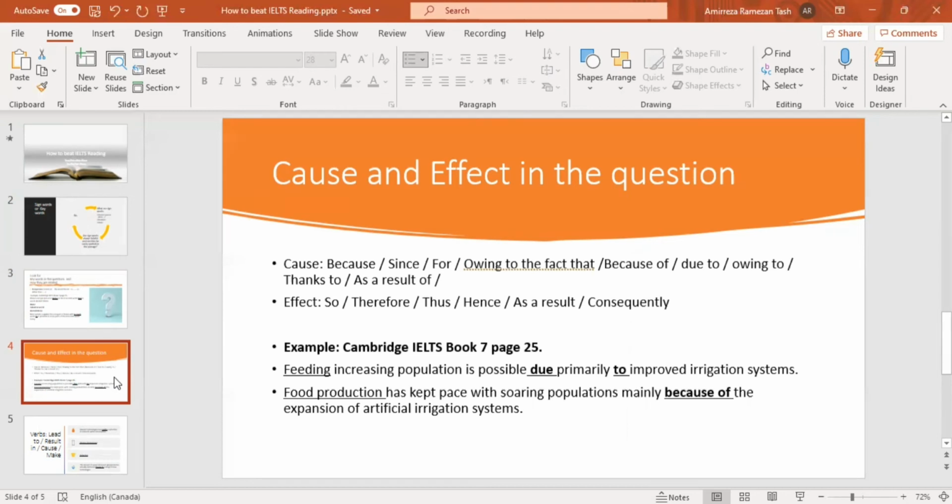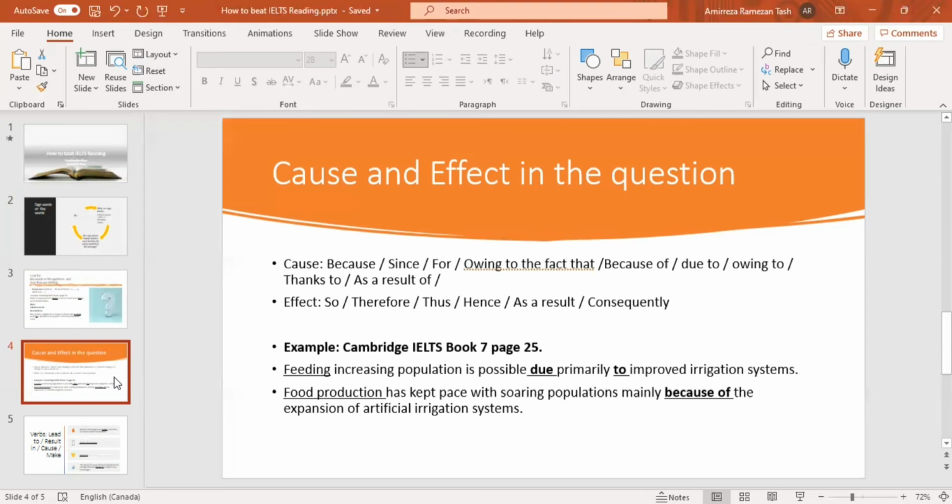But when we look at the text, actually, in the passage, we will find that food production has kept pace with soaring populations, mainly because of the expansion of artificial irrigation systems. So we see that there is a kind of cause and effect relationship.